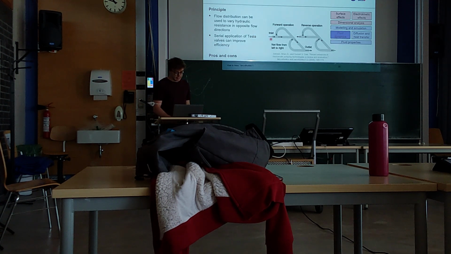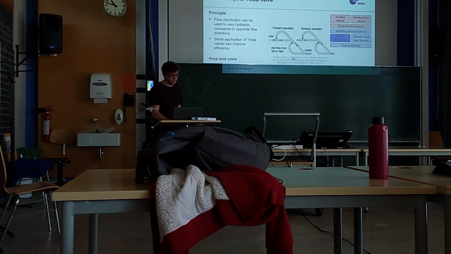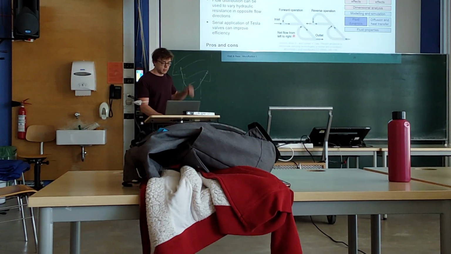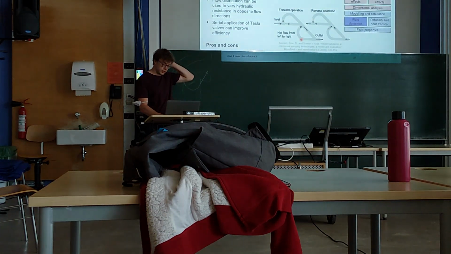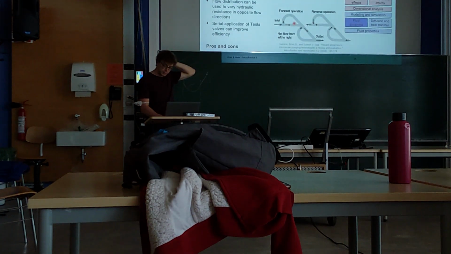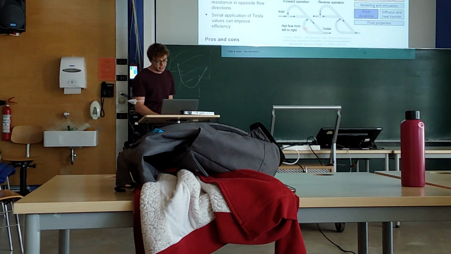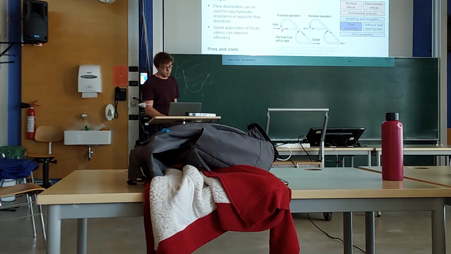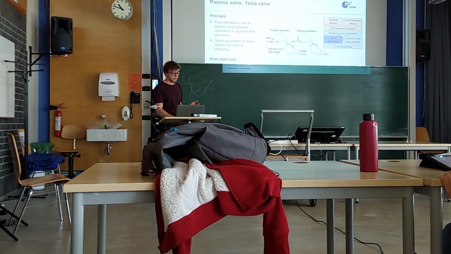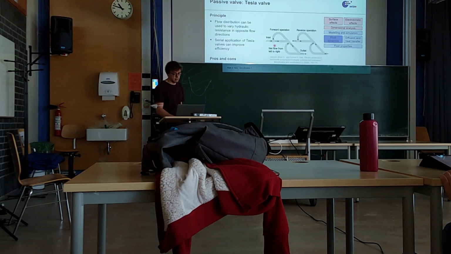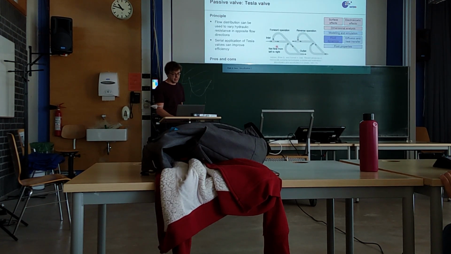There's another concept called a Tesla valve, which is also a passive valve, so there's no external actuation. It is used for continuous approaches, and it could also be part of some kind of pumping principle. The idea is that you can have a preferential direction with the Tesla valve. Why is that the case?